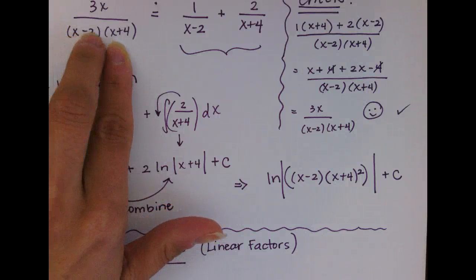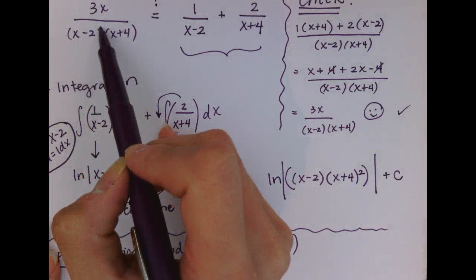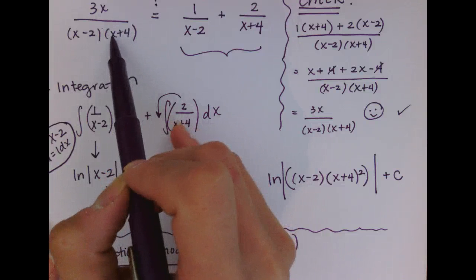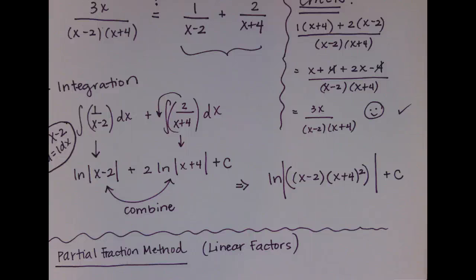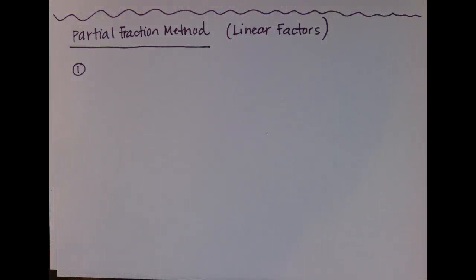If one of the factors was raised to the second power, or if within the factor itself we had something quadratic or cubic, then we have to make some adjustments to our work. So if we have linear factors, the most simplified form of partial fractions, this is what we should do.